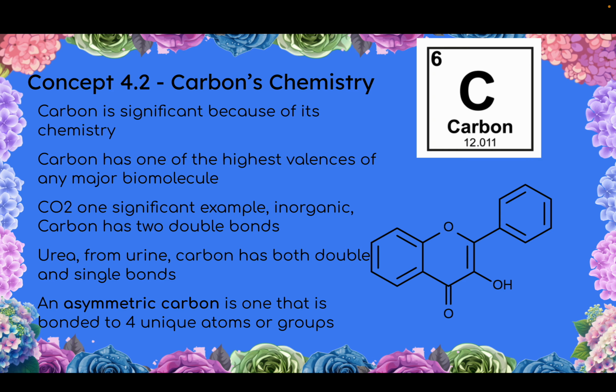I don't remember the whole structure, but all you need to know is that carbon does both a double bond and a single bond. Basically, these examples show that carbon is really flexible and can do a lot of things. And I threw this vocab term in here because you're going to need to know it eventually.